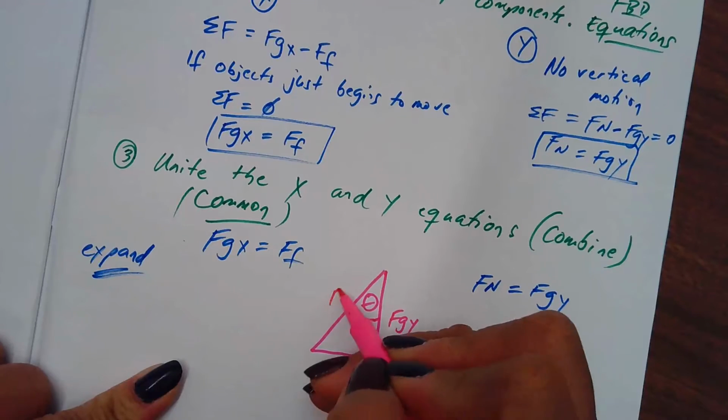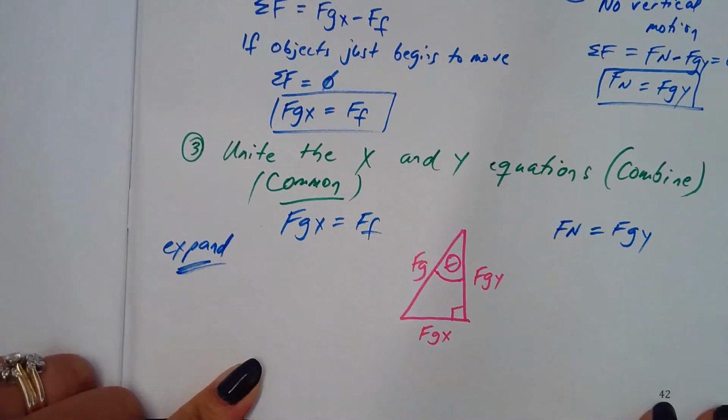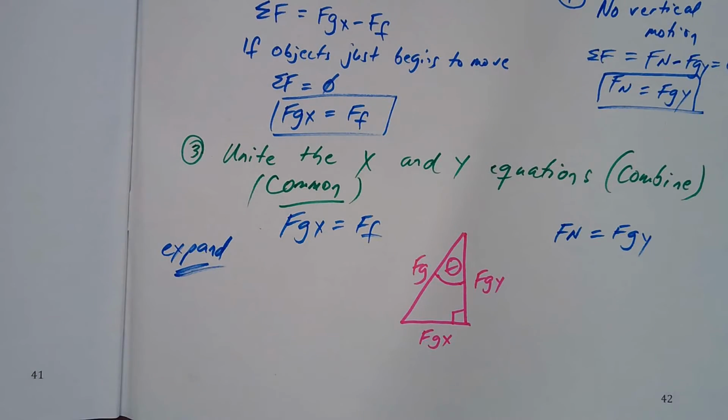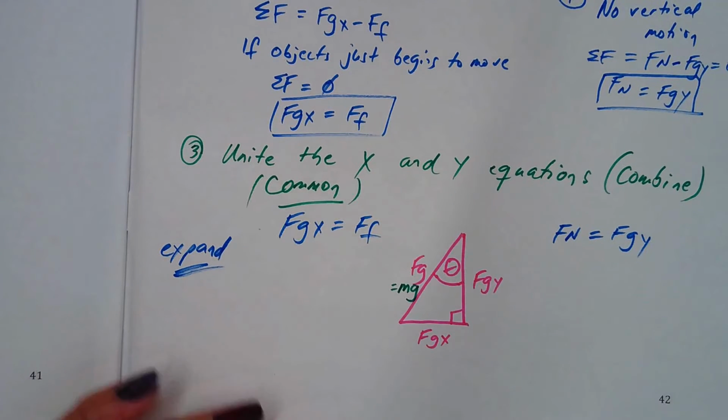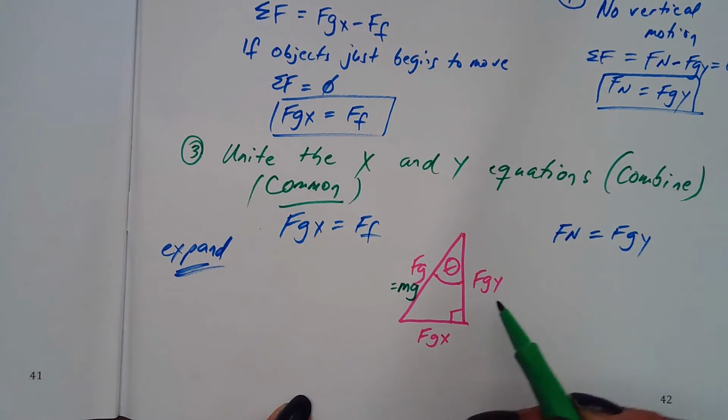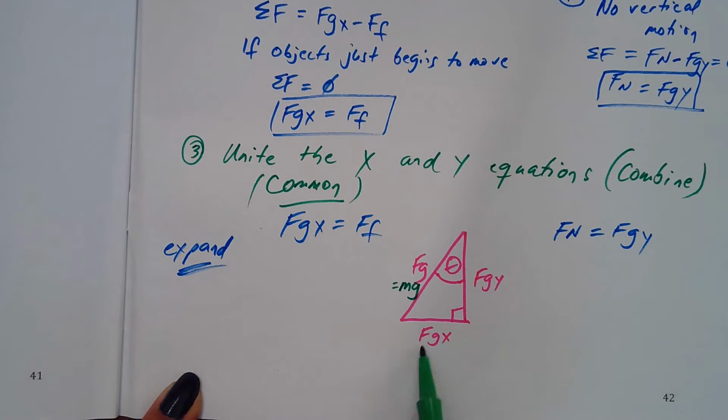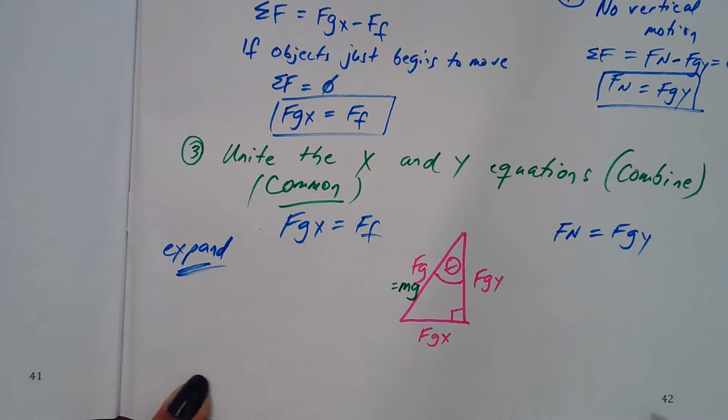Do you remember this part right here? The hypotenuse is the Fg. Right? Fg is the hypotenuse. So how do you find the Fg of anything? What is the equation for Fg? M times g. So you find that by taking m times g of whatever planet you're on, right? So if I'm looking for Fg of x, which is down here, how do I find this?